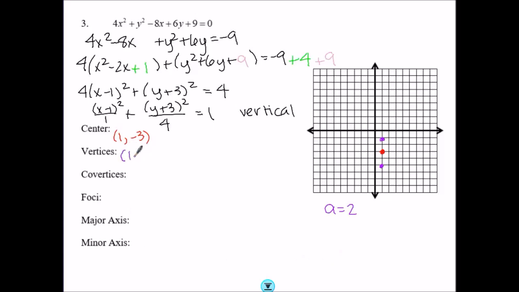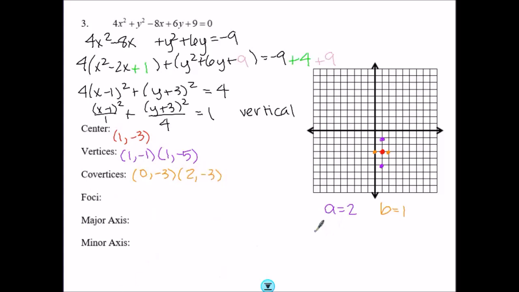So our vertices are (1, -1) and (1, -5). To find our co-vertices, we need b, which will be the square root of 1, which is 1. So we're going to go 1 unit left and right to find our co-vertices. So that'll be (0, -3) and (2, -3).